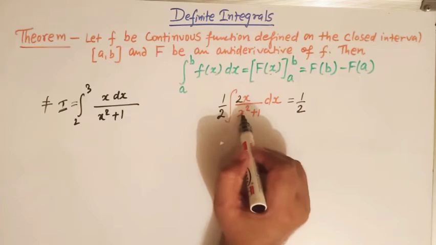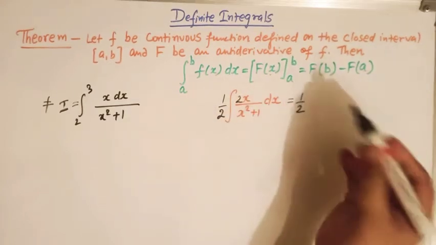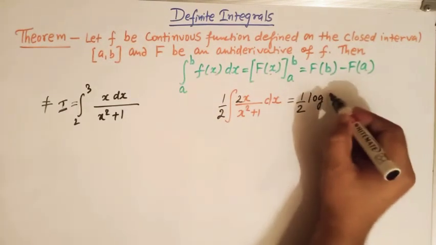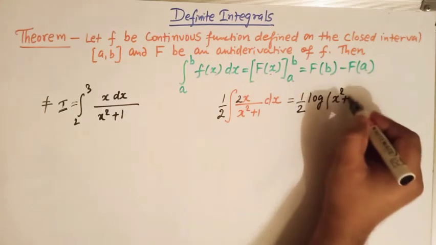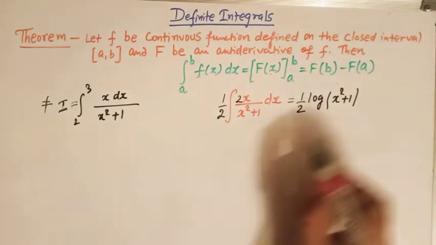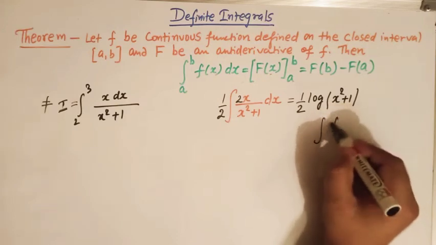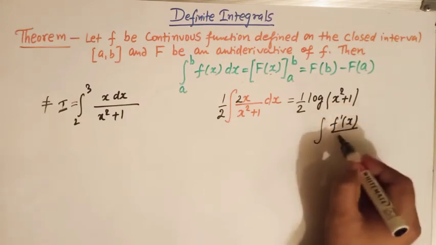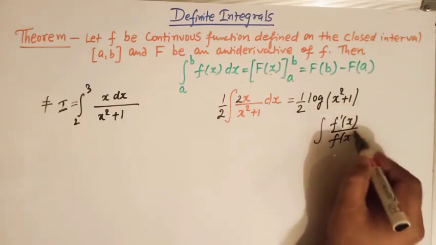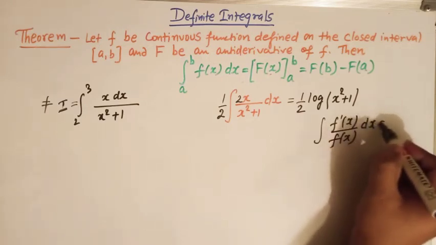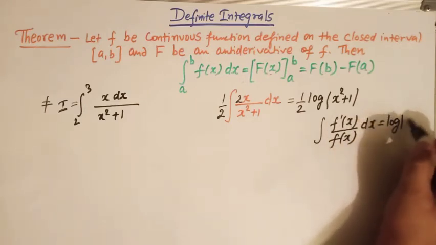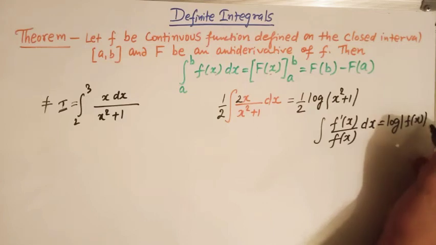So the derivative of x square plus 1 is 2x. So this is simply a log of x square plus 1, right? Because we know that if we have f prime of x divided by f of x, then the integral is log of f of x, right?